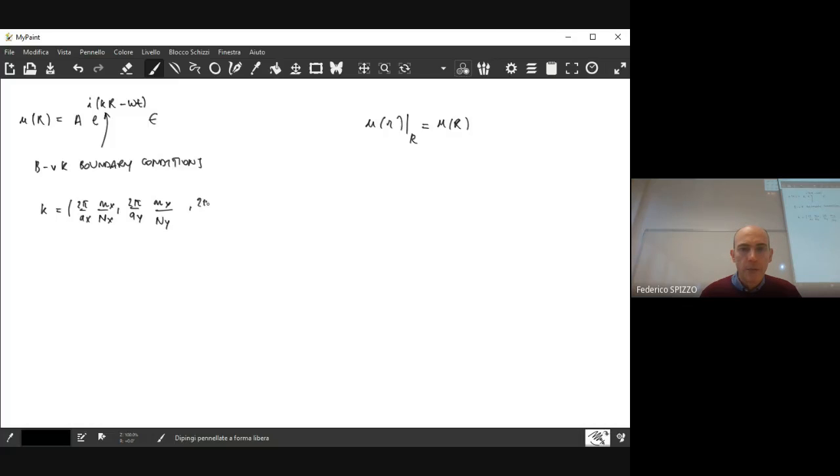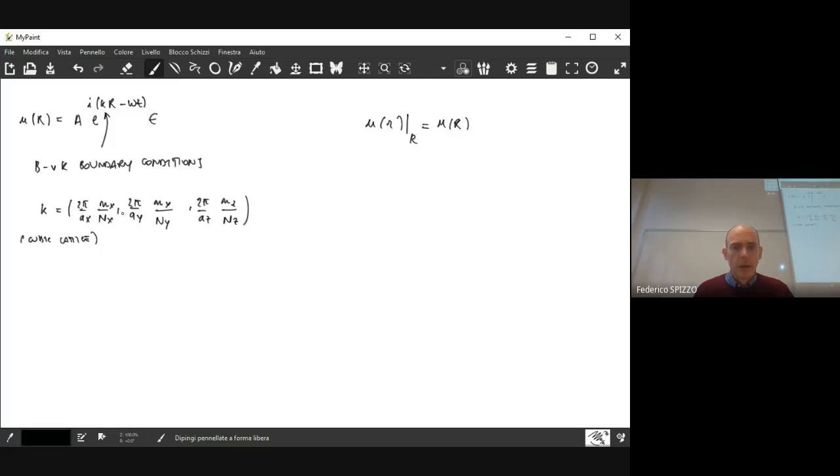And then we have 2 pi divided by az, an integer divided by the number of ions in the z direction. So this is just fine for a cubic lattice.